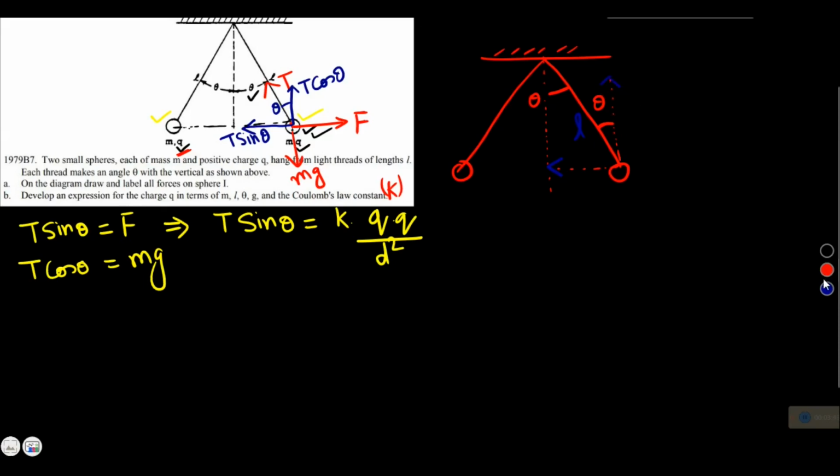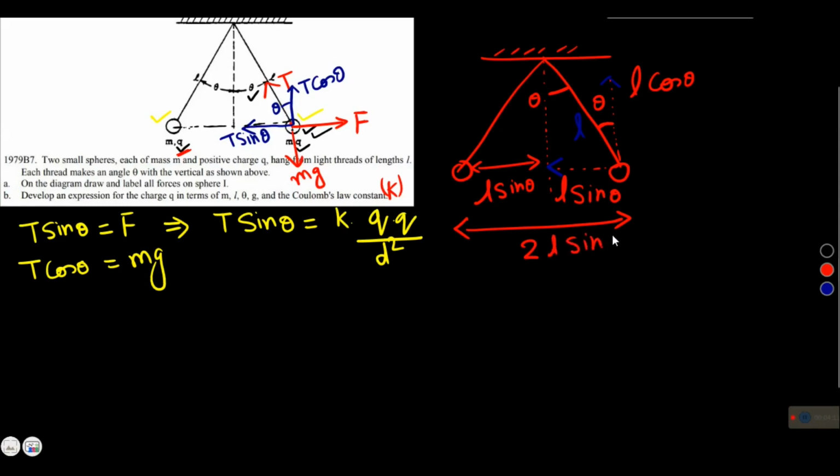Along this axis it will be L cos theta, and along this axis it will be L sin theta. Similarly this will also be L sin theta. So the complete distance between these two spheres is 2L sin theta. So we have to apply the value of this distance in this expression.